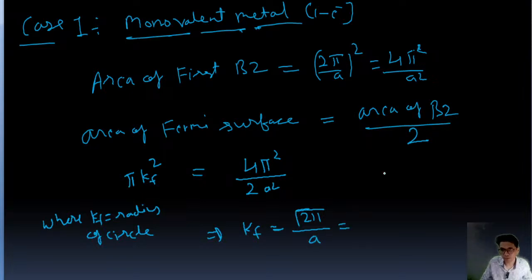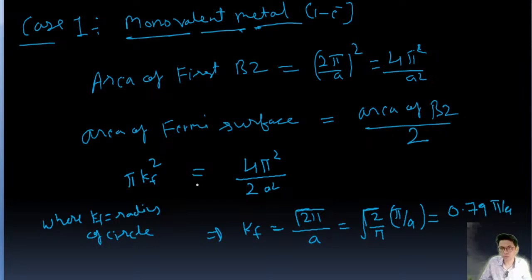We can also write it as root 2 upon pi into pi by a. We multiply by pi and divide by pi, right? So if you get this value, it is going to be 0.79 pi by a.